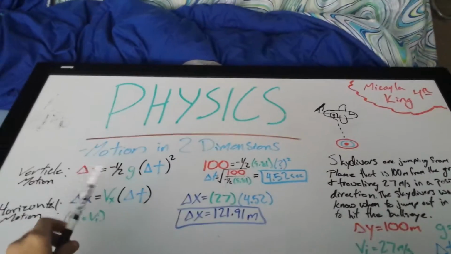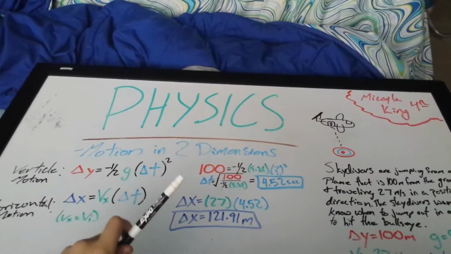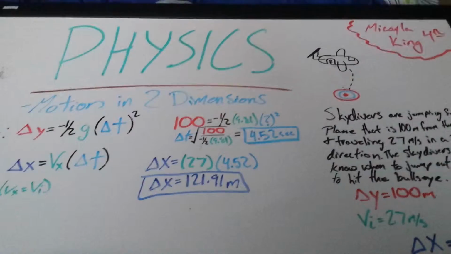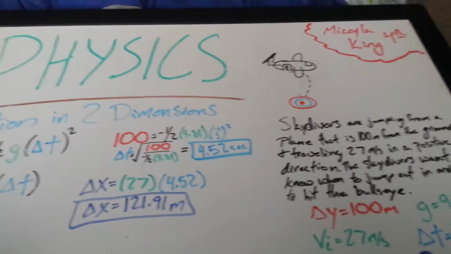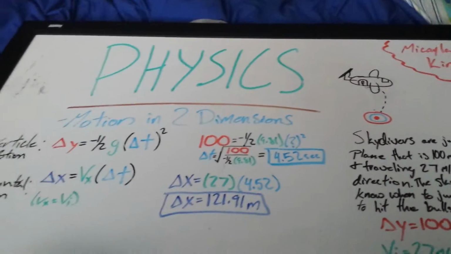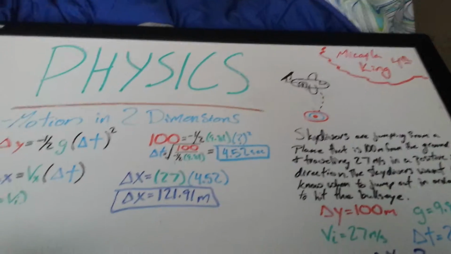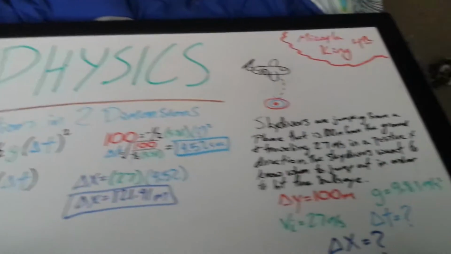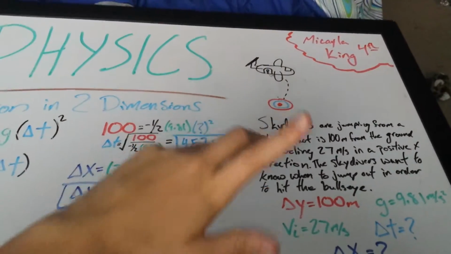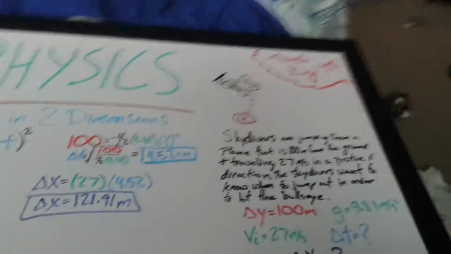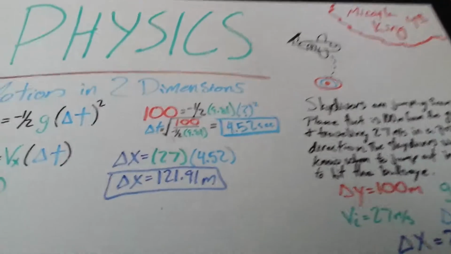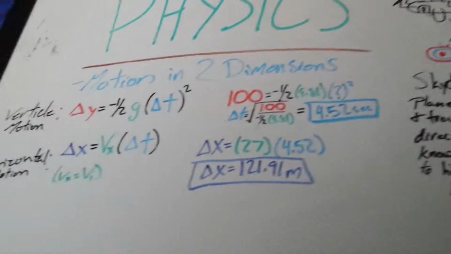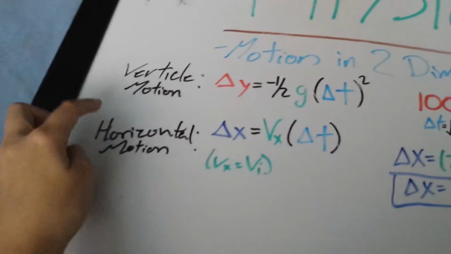Okay, so my fifth topic is motion in 2 dimensions, and that is when you take into account the velocity along with the time and the displacement and everything that we've learned previously, along with vectors, because vectors is the displacement and all that fun stuff with angles. So here are the equations we're going to be using.